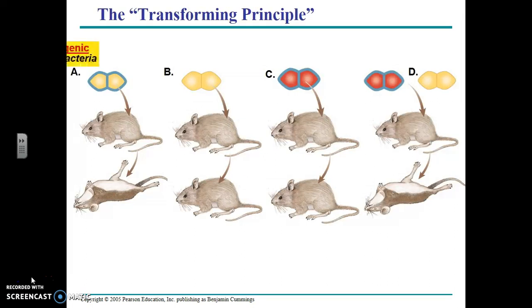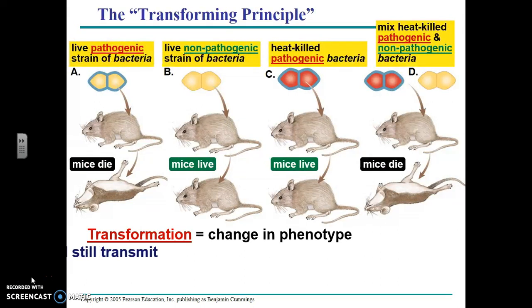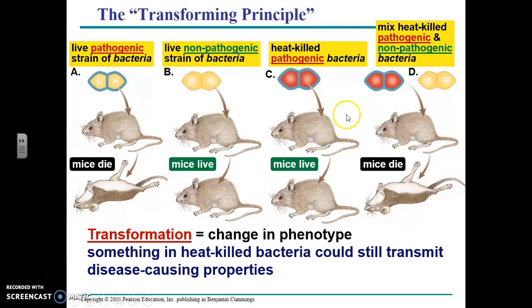Well, the evidence is here. When R and S are put together, but S is heat-killed, the mouse dies. So he concluded that something from S that can kill when it's living must have gone into R to make R be able to kill.